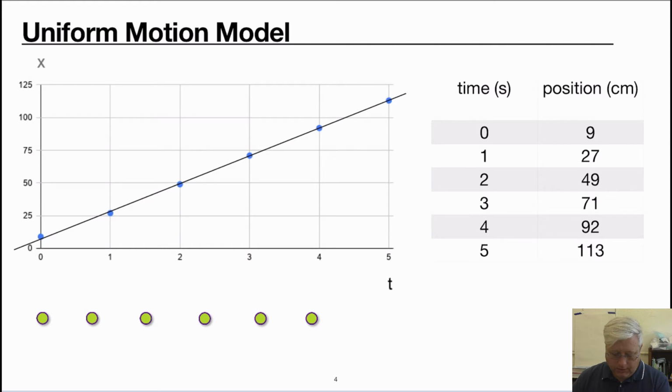If you look closely at Daisy's motion, you'll notice that she didn't move at a perfect constant velocity. For instance, her displacement was 18 centimeters during the first time interval, but then 22 centimeters during that second time interval.